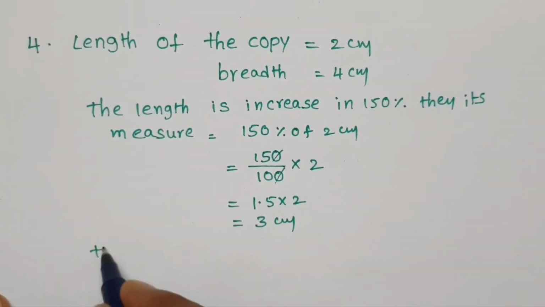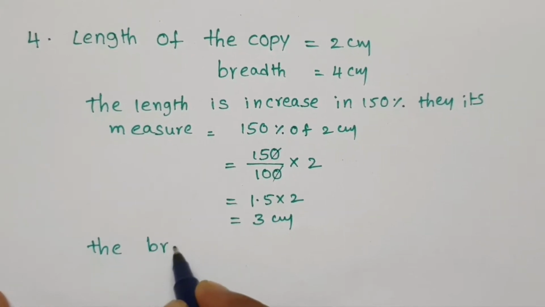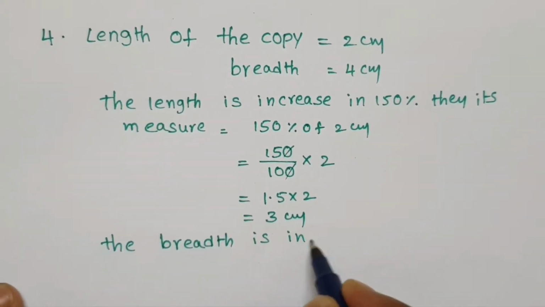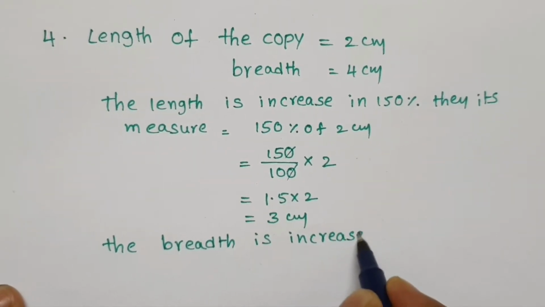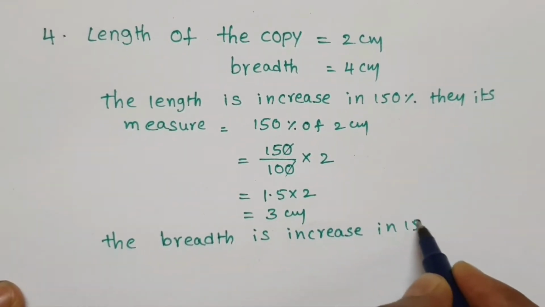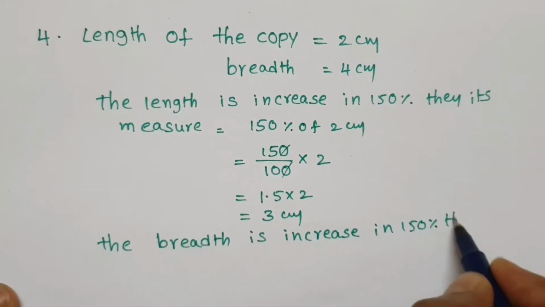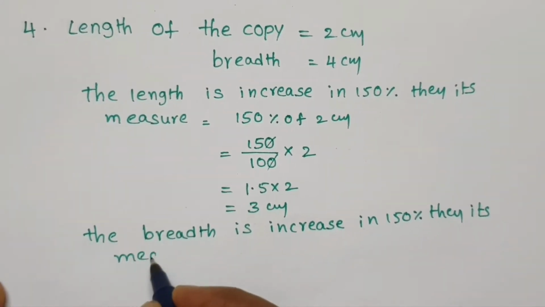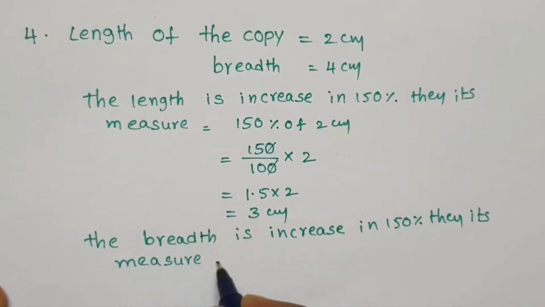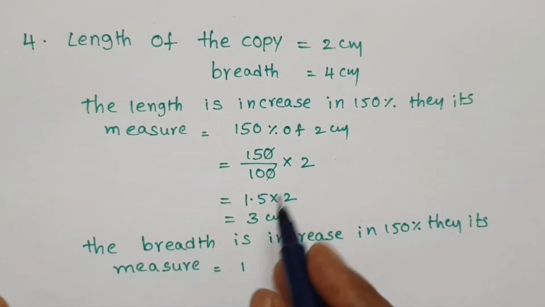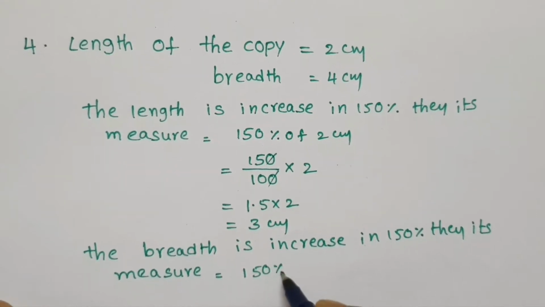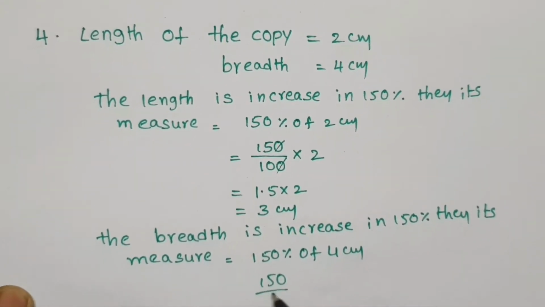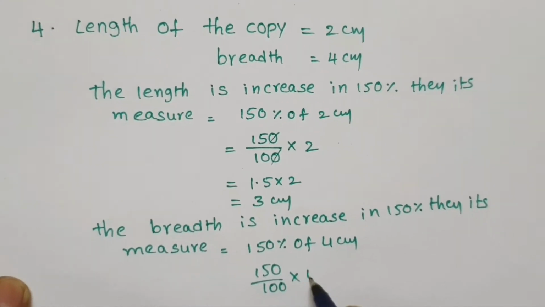And same like the length, if the breadth is increased by 150%, then its measure: breadth is 4 centimeters, so 150% of 4 centimeters means 150 by 100 into 4.